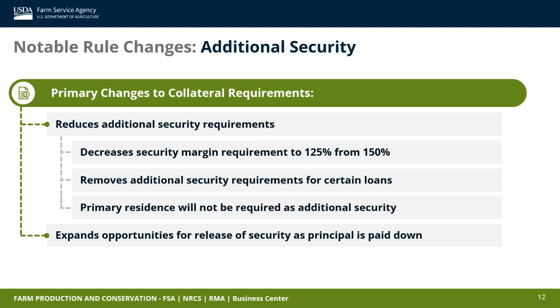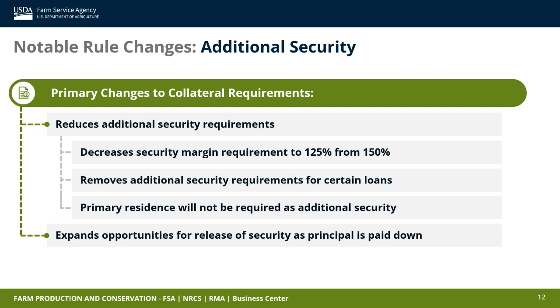We've got decades of data reflecting that a 150% security margin is not necessary for us to maintain superior and strong portfolio performance. Reducing it to 125% maintains delinquency performance without jeopardizing it at all, while giving the borrower more access to their own equity.